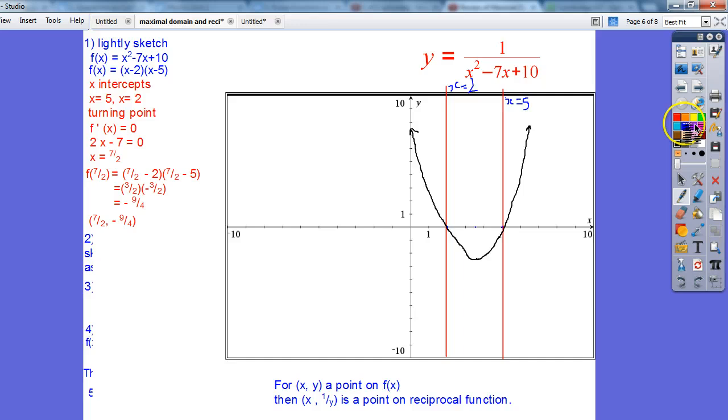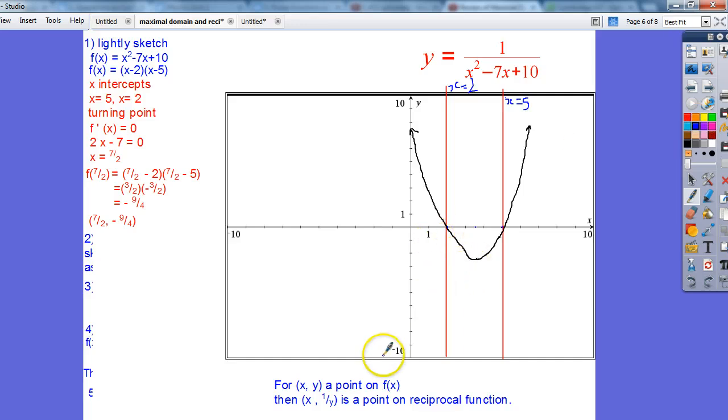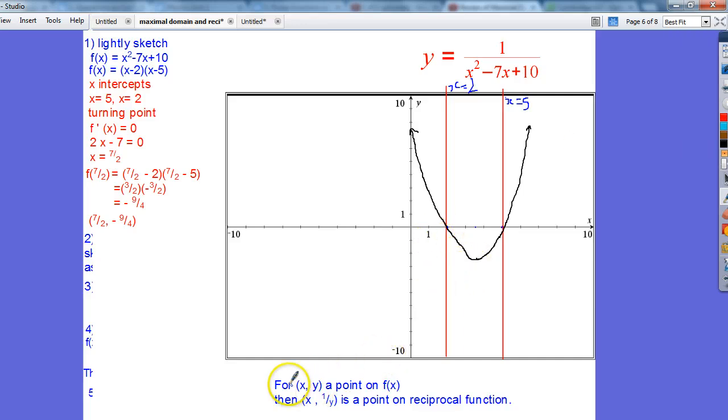Now, some important things to consider when we're sketching a reciprocal function is that for any x and y point on f of x, such as the turning point here, given by that coordinate, the corresponding point on the reciprocal function is 1 over y. So we just take the reciprocal of the y value. Taking the reciprocal of this value here allows me to find a coordinate for the reciprocal function.